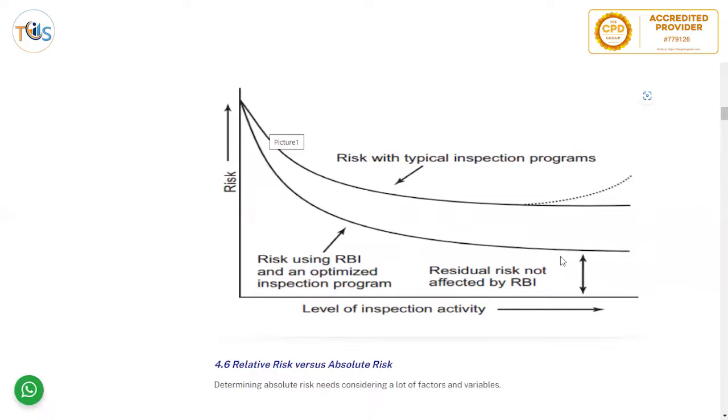So there is not much benefit in increasing the inspection activity. Here, the risk with a typical inspection program is the upper curve, and the lower curve is the risk using RBI and an optimized inspection program. You can see that there is always a residual risk not affected by RBI. It means that you cannot eliminate this risk.